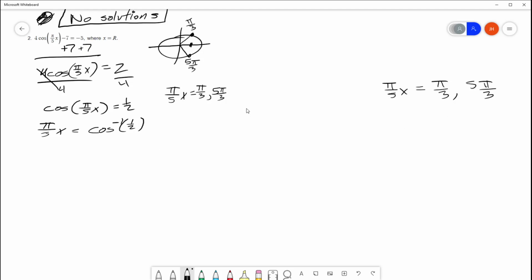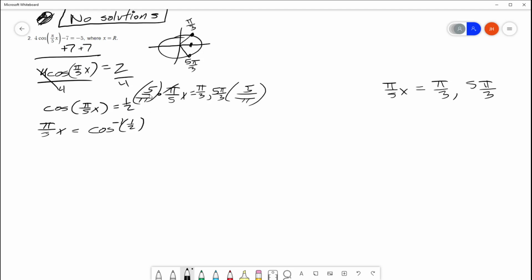The first way I could do it is I could just continue solving this as if it is algebra. So I need to get rid of the pi over 5, so I'm going to multiply by 5 over pi, because those would cancel. I need to multiply both sides by that. So what do I get?